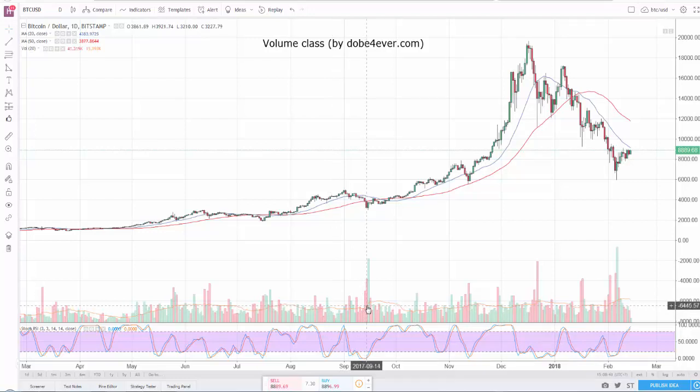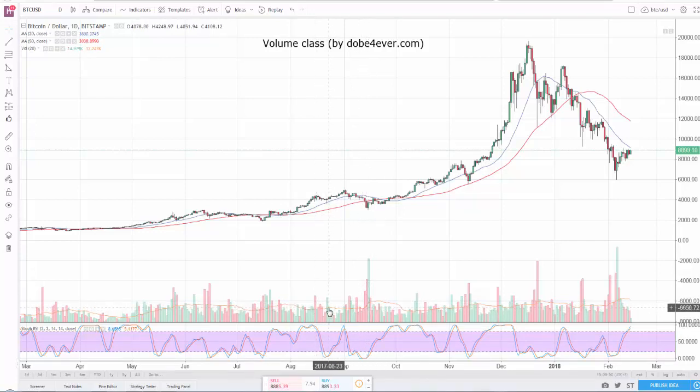Then it does the same the next day and the next day and the next day, and that's how the average line is formed and calculated. So it is the average volume for the past 20 days in this case, but in any other time frame it'll be for the past 20 periods.